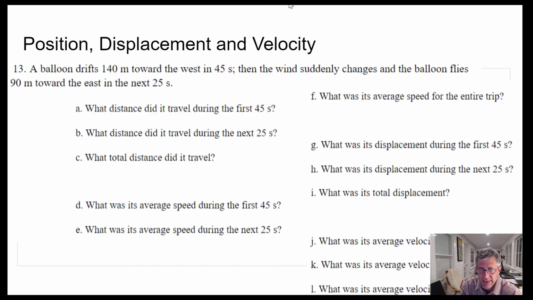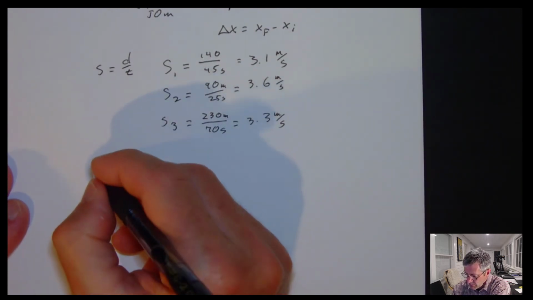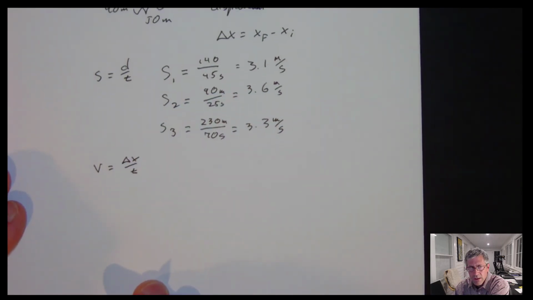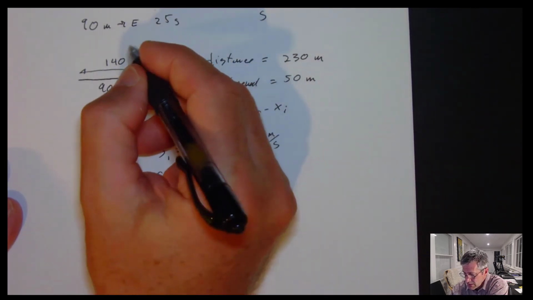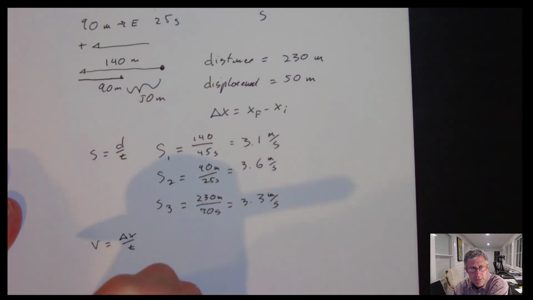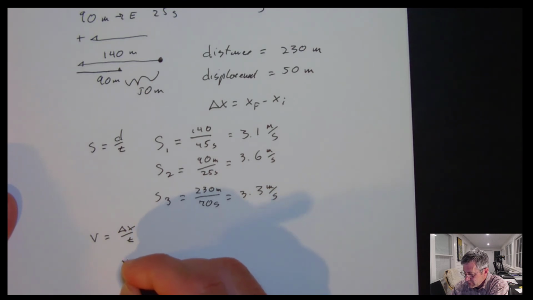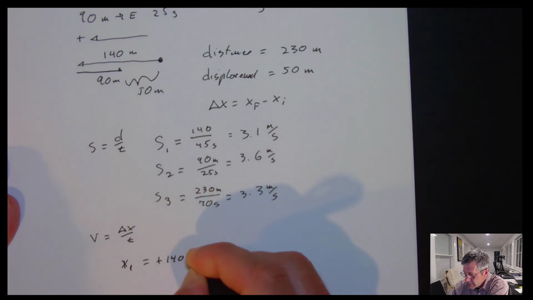Okay, the next set I think is going to be asking about displacement and average velocity. So be careful about this. So what is the displacement, and then it's the average velocity for each of those legs of that trip. Okay, so now I'm going to have this velocity, which is going to be displacement divided by time. And notice my displacement, well, I get to decide which side is positive and which is negative. So let's make this direction positive. When I make that direction positive, then my displacement for the first leg, we'll call it x1, is going to be plus 140 meters.